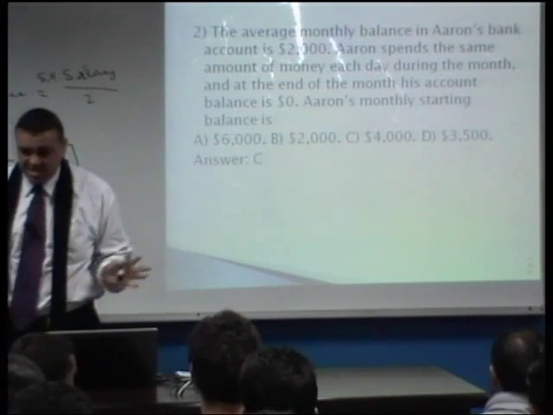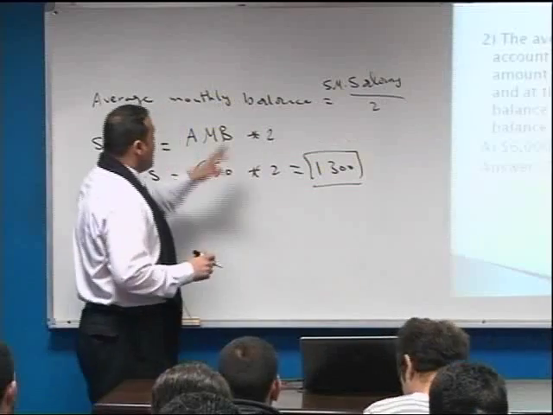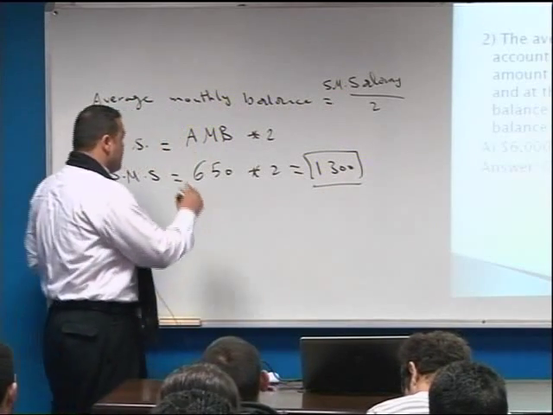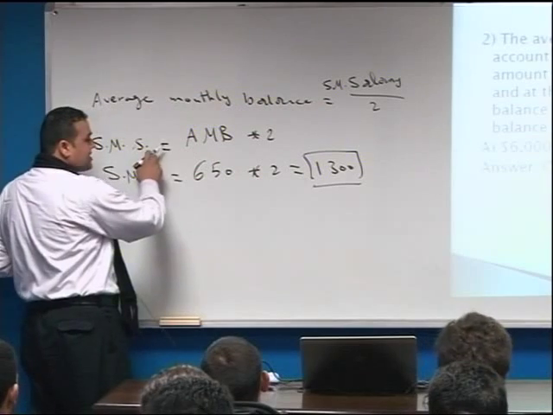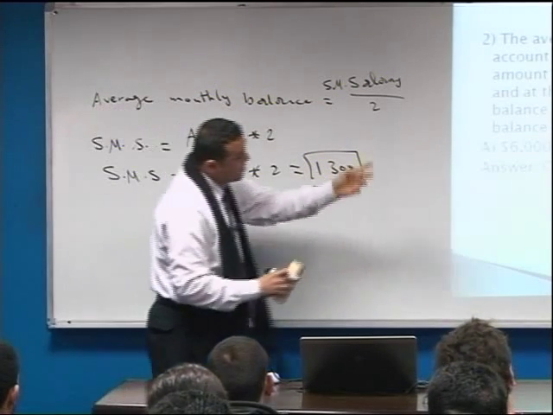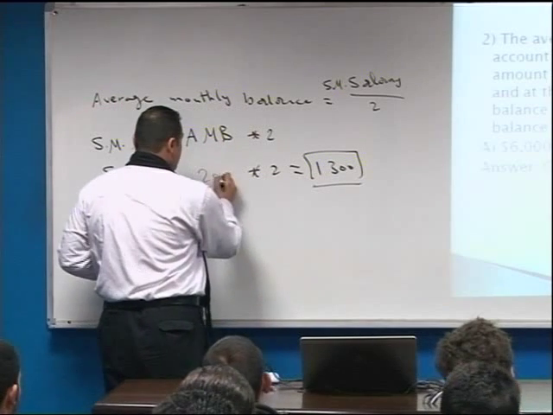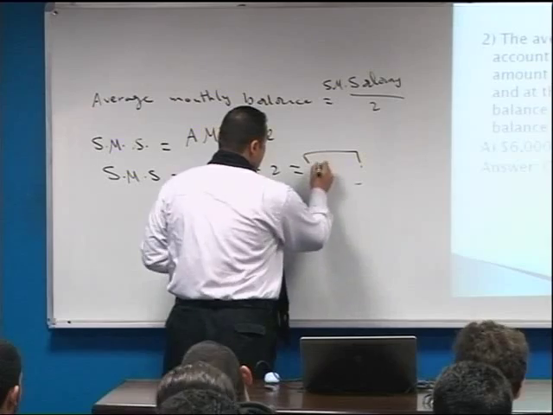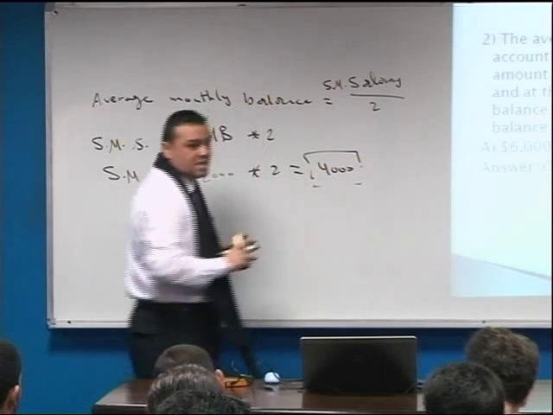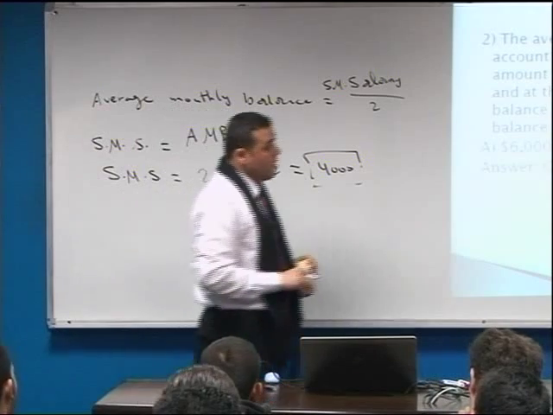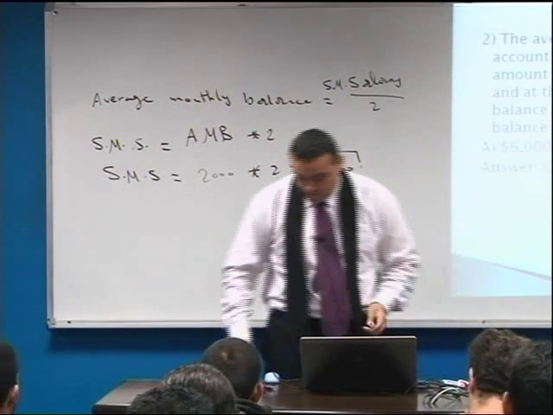As you see, the average monthly balance is 2,000. So the starting monthly salary equals the average monthly balance, 2,000, times 2 equals $4,000. That's it. Right? Okay. Let's go to another example.